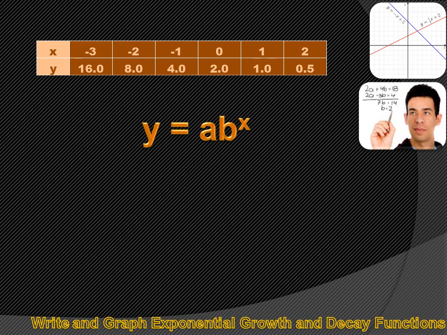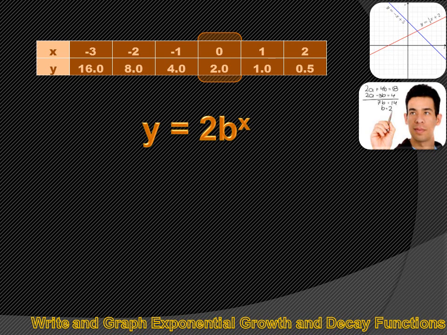When my time period is 0, my y value is 2. So I can put 2 in for a in the formula, and I'm partially on my way to completing a description of this relationship. Y equals 2 times b to the x.